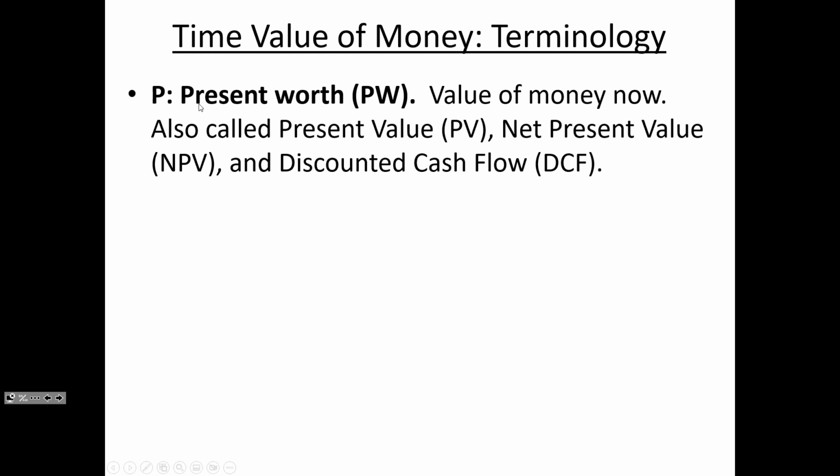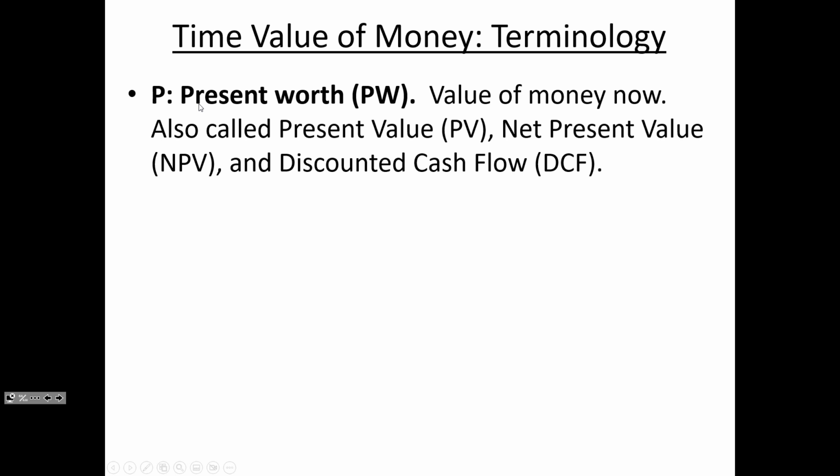Time value of money is related to that idea that we know prices are increasing over time. We call that inflation, the inflation of prices. And since the prices are increasing over time, the supply of money is increasing over time. What that means is that money today is more valuable than money in the future. So if there's a certain number of dollars in the future, and we want to know the present equivalent of that, there's going to be less dollars in present terms.